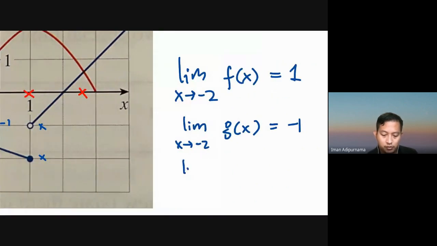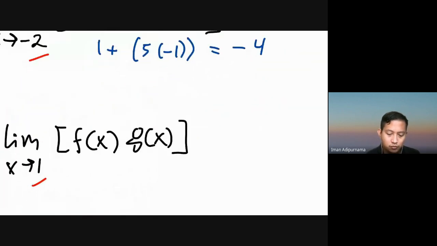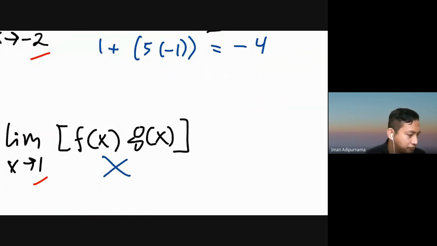So let me write here, the limit as x approaches 1 for g of x, it doesn't exist. So we cannot use this.